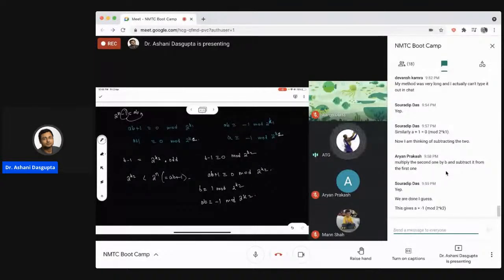So then why did you define k2 again? 2 to the power k2 times odd is equal to b minus 1, right?